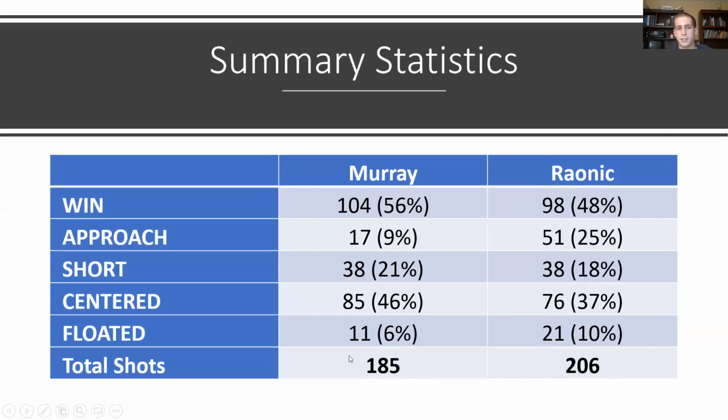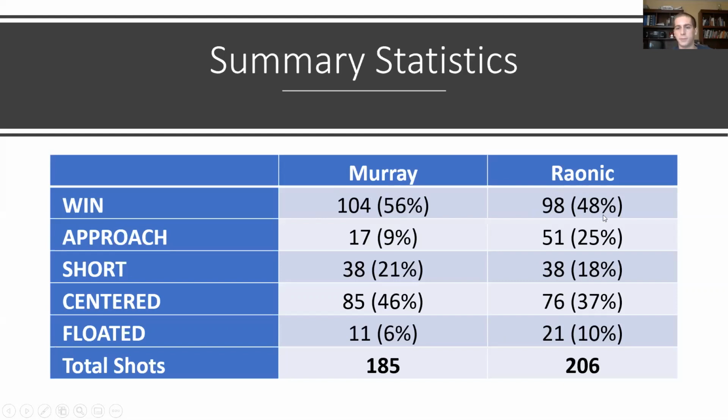What you see, for instance, is that on 104 out of Murray's 185 rally shots, 56% of the time, he went on to win the point. Doesn't mean that Murray won 104 points. It means that out of Murray's 185 rally shots that we're looking at here, he went on to win the point 104 times. Raonic, on the other hand, was 98 for 206.